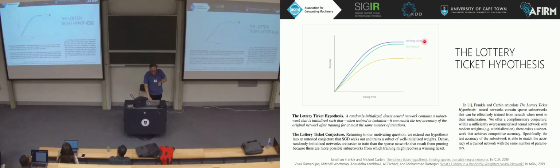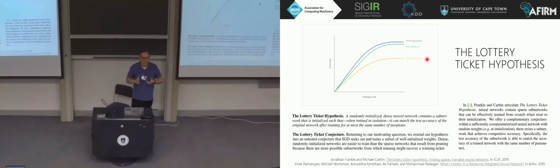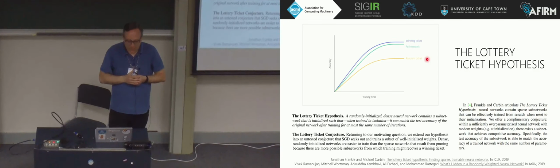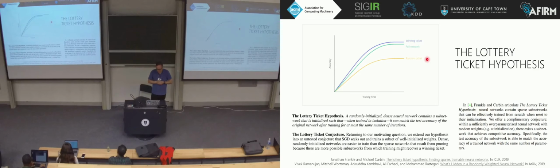Then I can prune. As long as I start from the same initialization, I can also do well. But if I just start from a pruned random initialization, I can't do well. So there's something about how the training procedure is actually finding within the initial setup a part of the model that's useful for solving the problem.